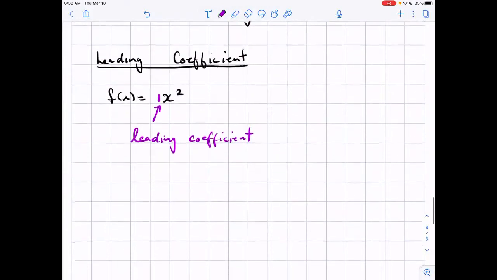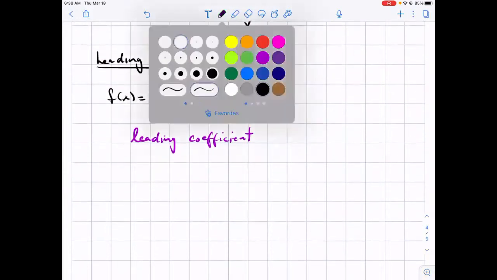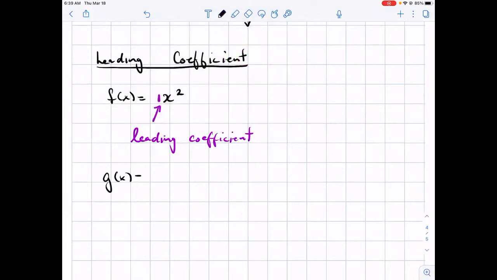If I tell you g of x is equal to 3x to the 5th, this here is my leading coefficient. So the leading coefficient is that number.